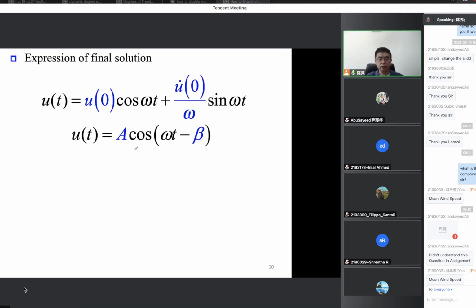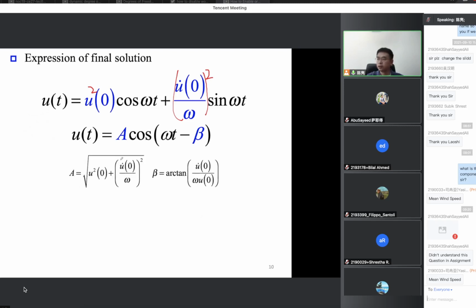So if you use trigonometric rules, A should be this squared and this part squared, and then square root. So it should be this part.